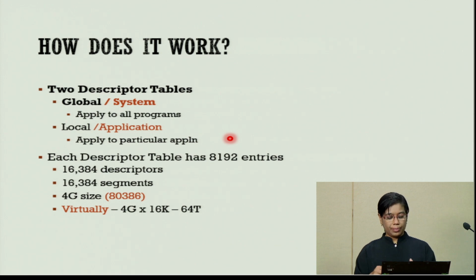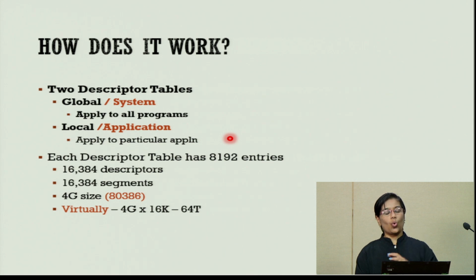The global descriptor table is common, or it applies to all applications or programs that are currently being executed on the processor. Whenever we talk about the local descriptor table, every application has its own local descriptor table, or it might have a set of local descriptor tables.